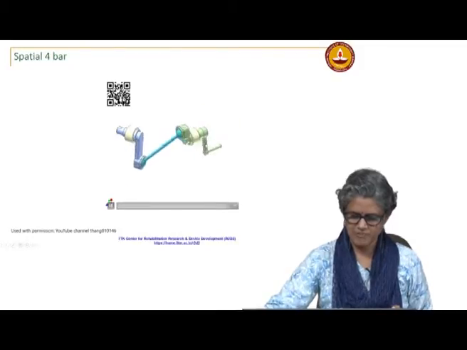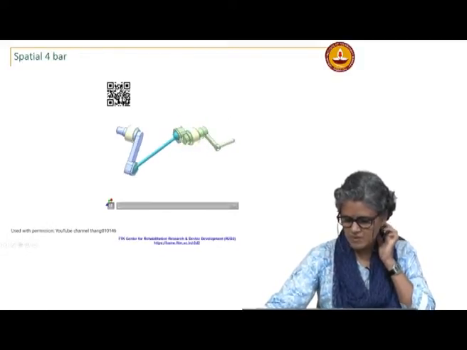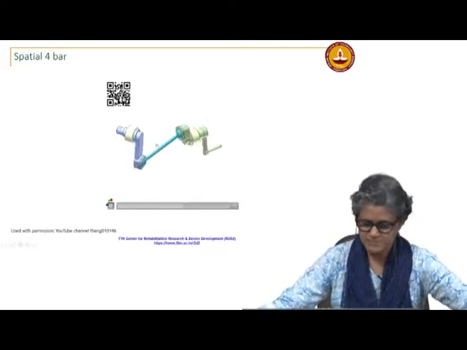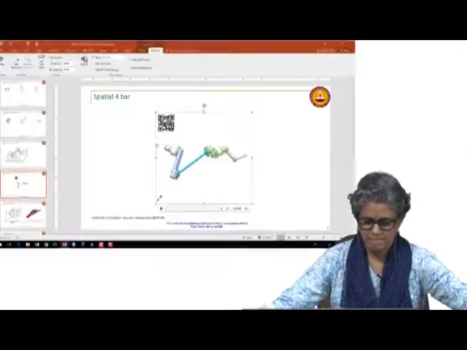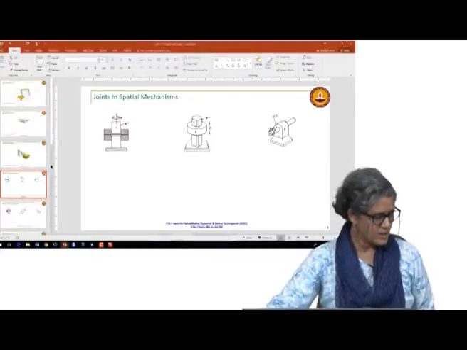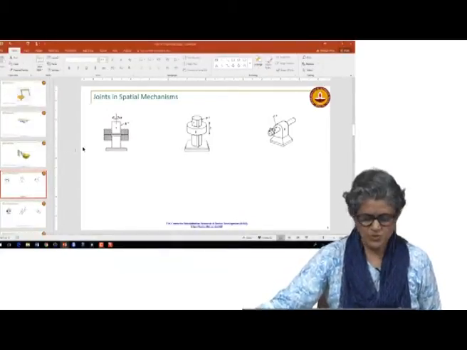The links are all in different colors. You can see the bearings, and that's the fixed link. So, this is a spatial 4 bar.